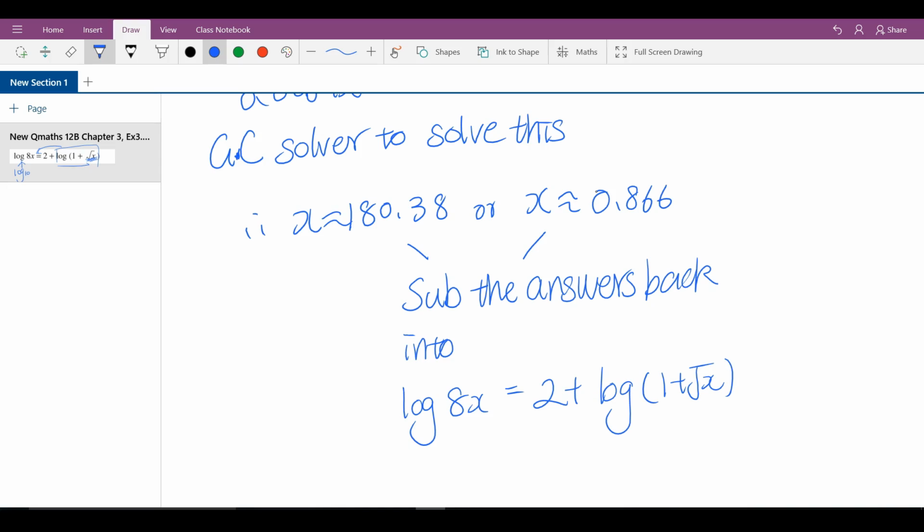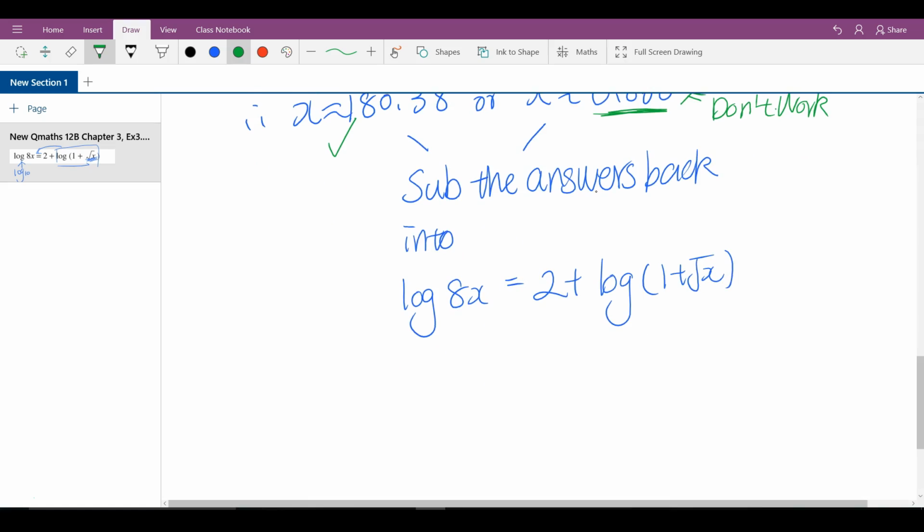I already did that, and this particular result doesn't work. And this one works. So the only valid answer should be approximately 180.38. And that should be the same as in the textbook as well.